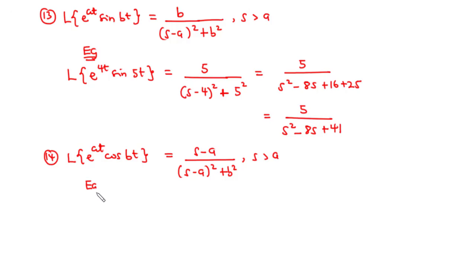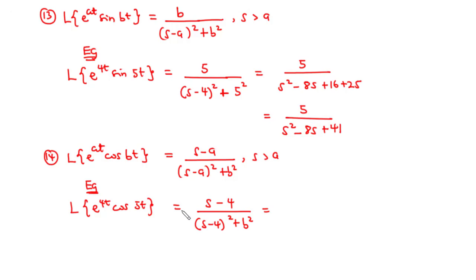Also considering the example, the Laplace transform of e^(4t) cos 5t, we are going to have s minus a is 4, so (s − 4) divided by (s − 4)² + b².